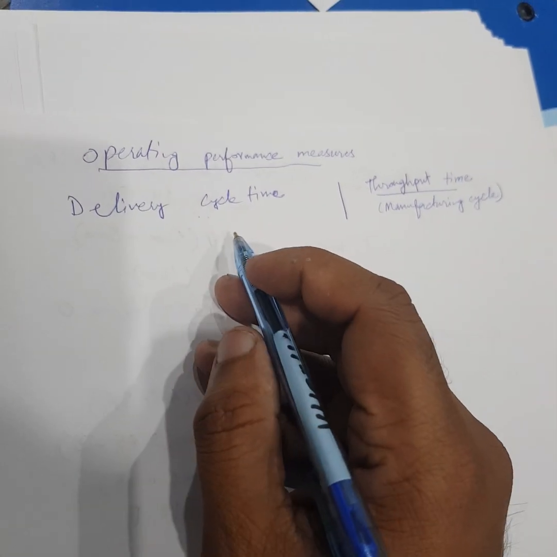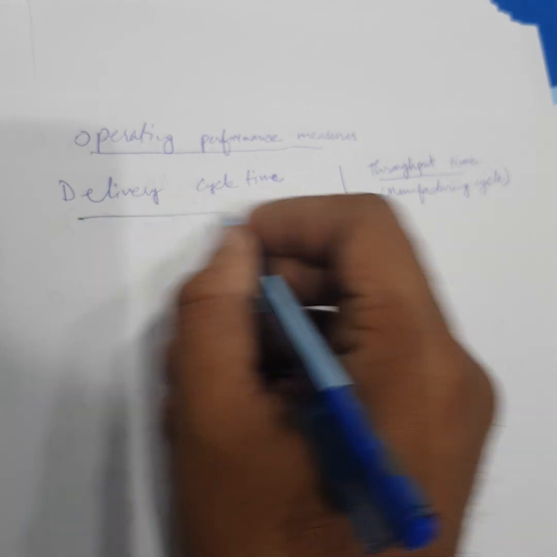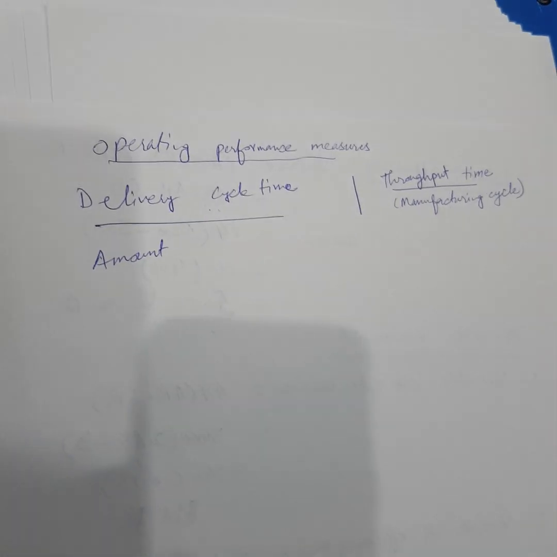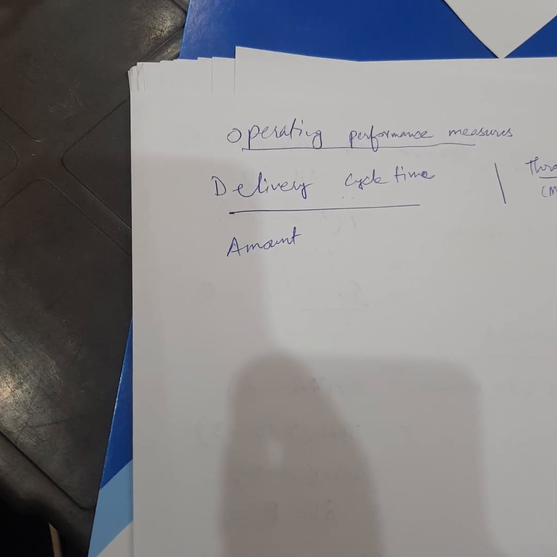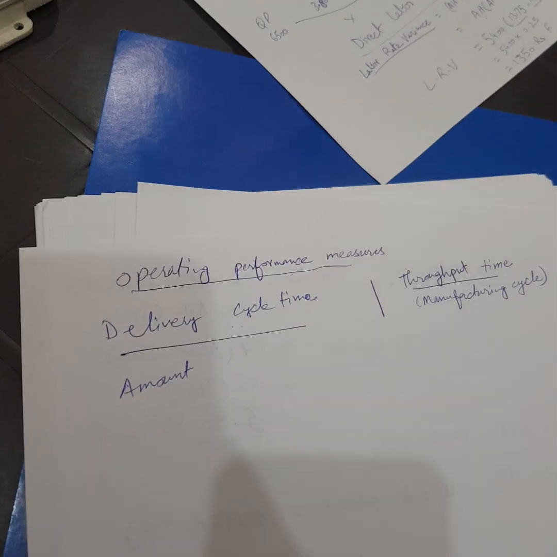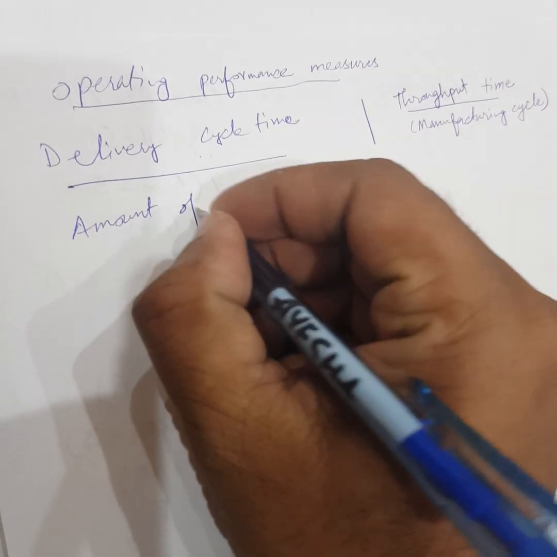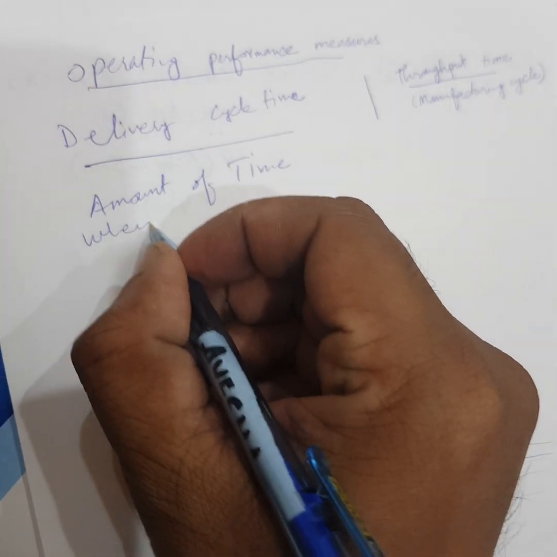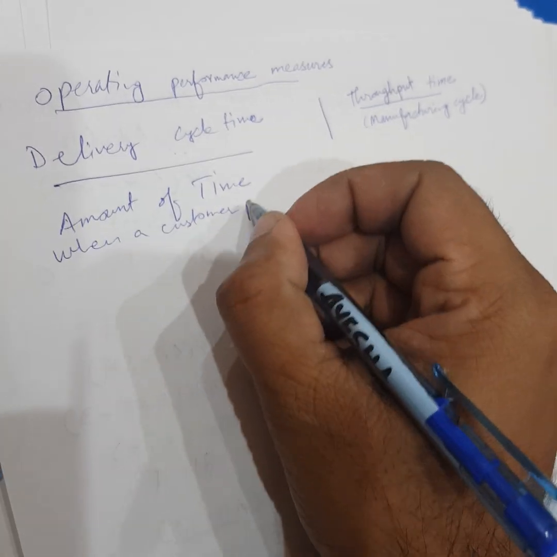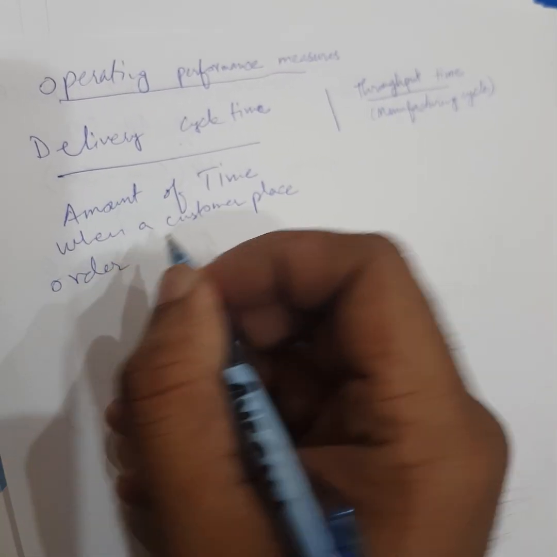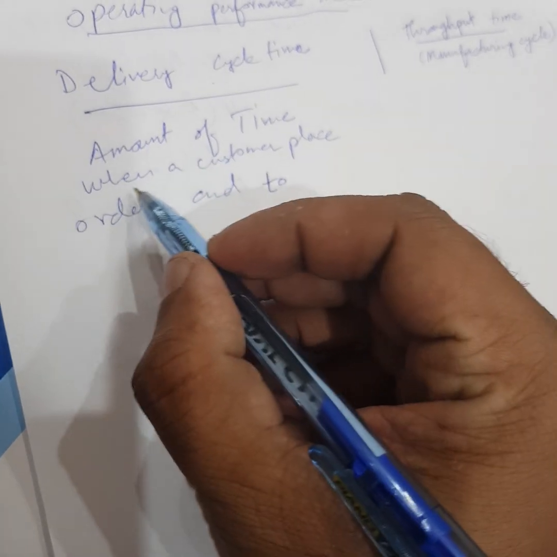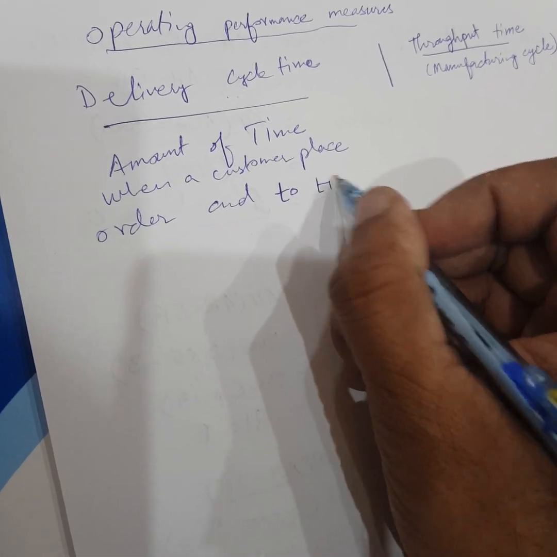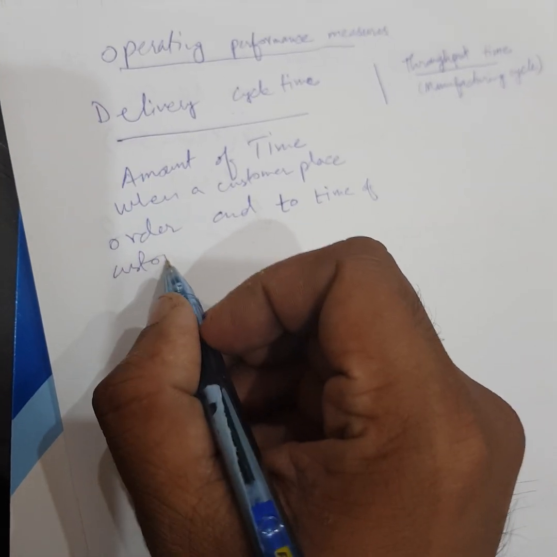So delivery cycle time can be defined as the amount of time from when a customer places an order to when the order is shipped.